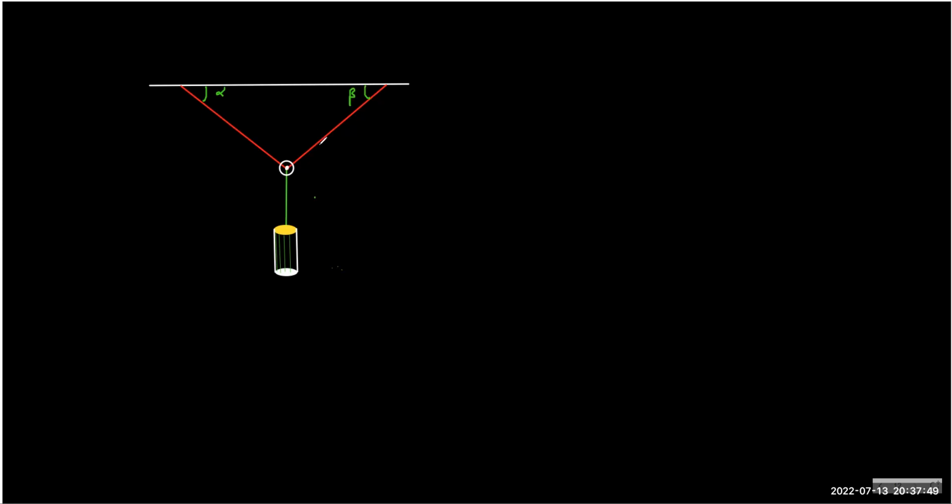The third angle is not required, because if you know two angles of a triangle, I hope you know how to find the third angle. Correct? So in a triangle, generally no one will give you three values. Two values are sufficient. Now, if we hang something like this, what do you expect? These strings will be taut or loose?